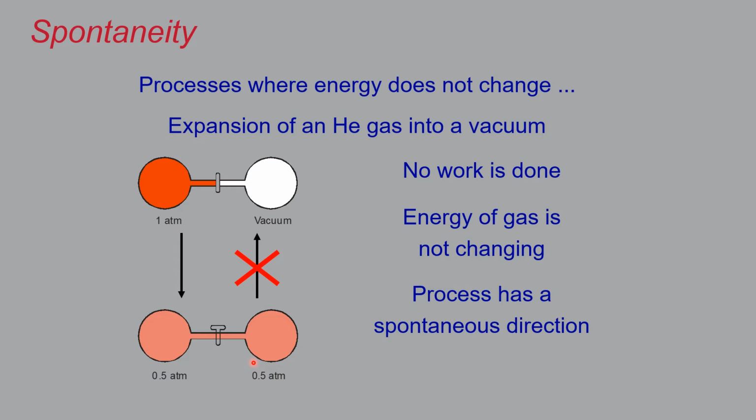I drew them all on the left side here, but they could just as easily be all on the right side. That process never happens, so it happens in this direction, but never this one. So in this case, there is clearly no energetic change guiding the molecules to spread out. What is?